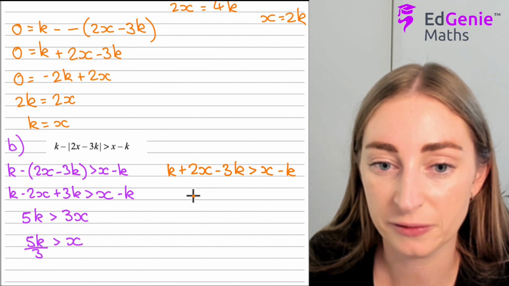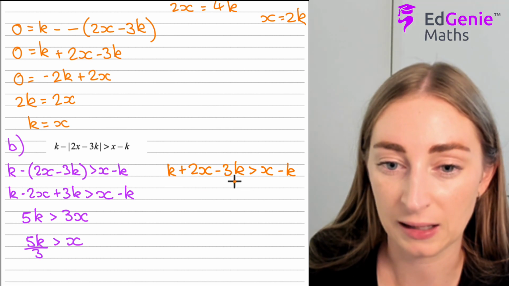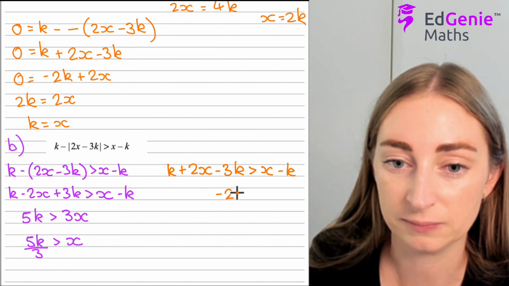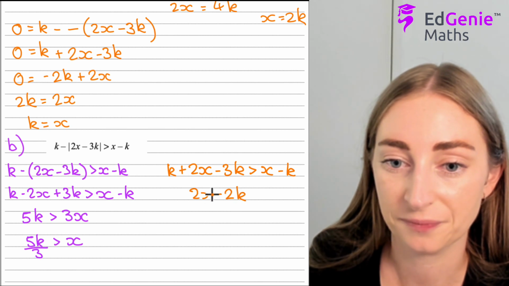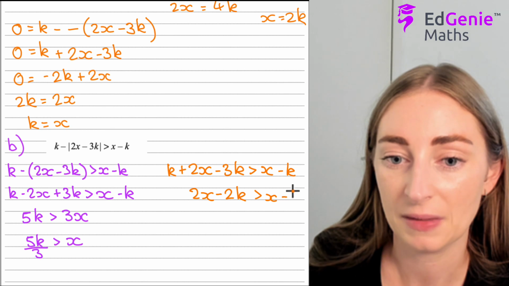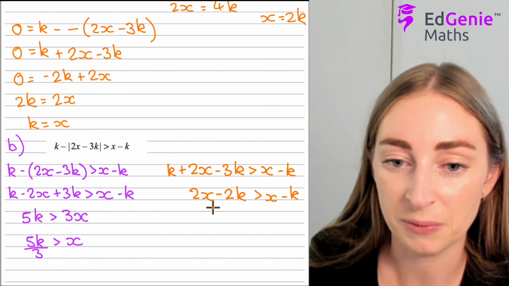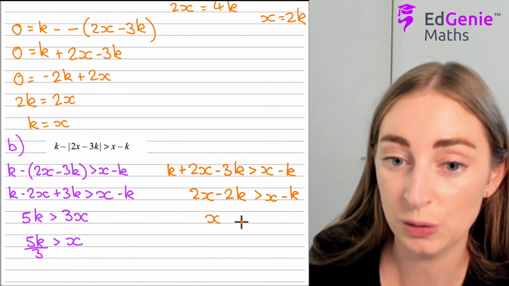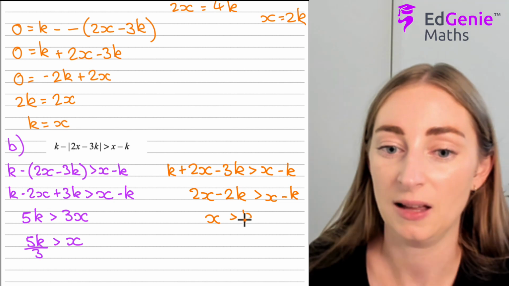Here we have k minus 3k, so that's minus 2k, and the 2x. Let's take away x from both sides, and let's add 2k to both sides. And we get this.